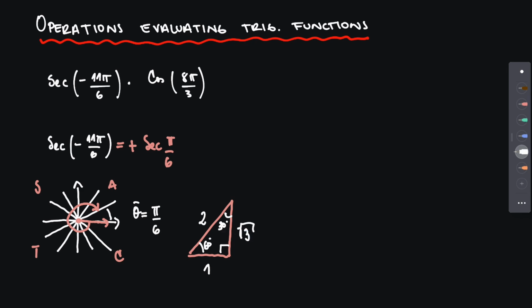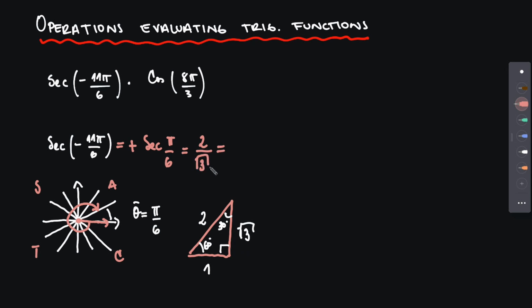So if we have this, we know that secant from the trigonometric ratios is equal to hypotenuse over adjacent. So if we're analyzing for 30 degrees, then the hypotenuse is 2, so we put 2 over adjacent. Adjacent is square root of 3, so square root of 3.